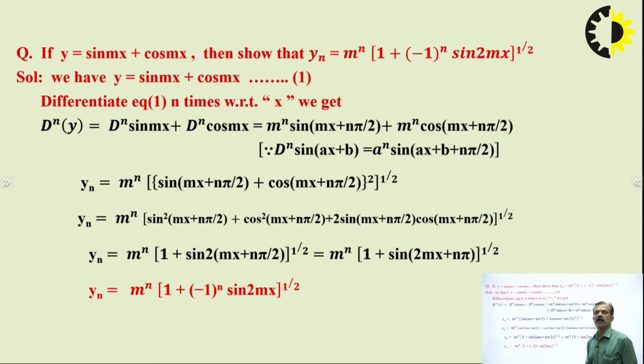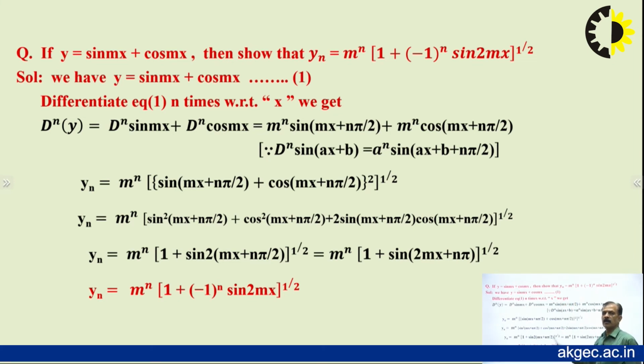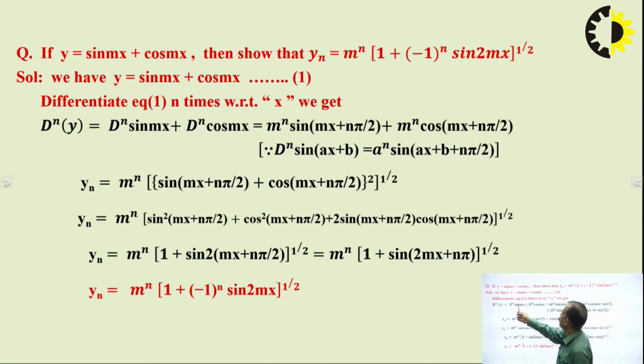It means under root of m raised to the power n into 1 plus (-1) raised to the power n into sin 2mx, because we have y equal to sin mx plus cos mx. This will be equation 1.